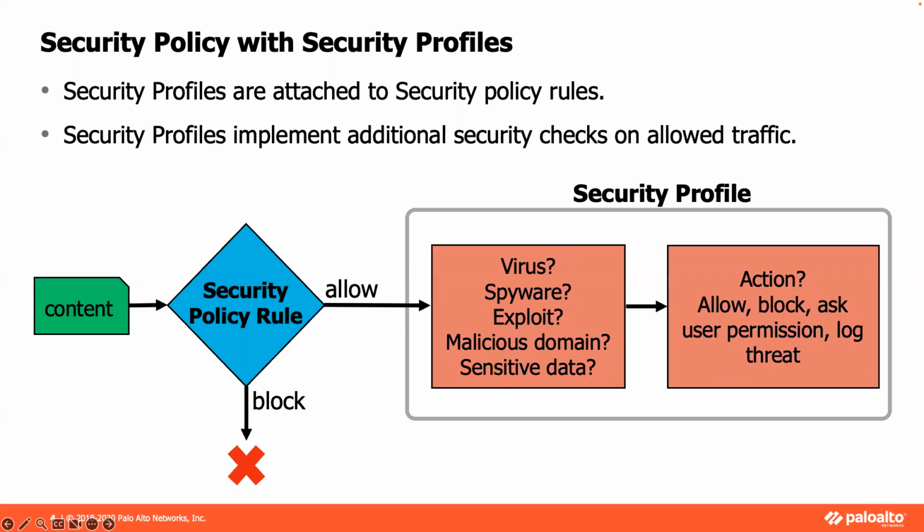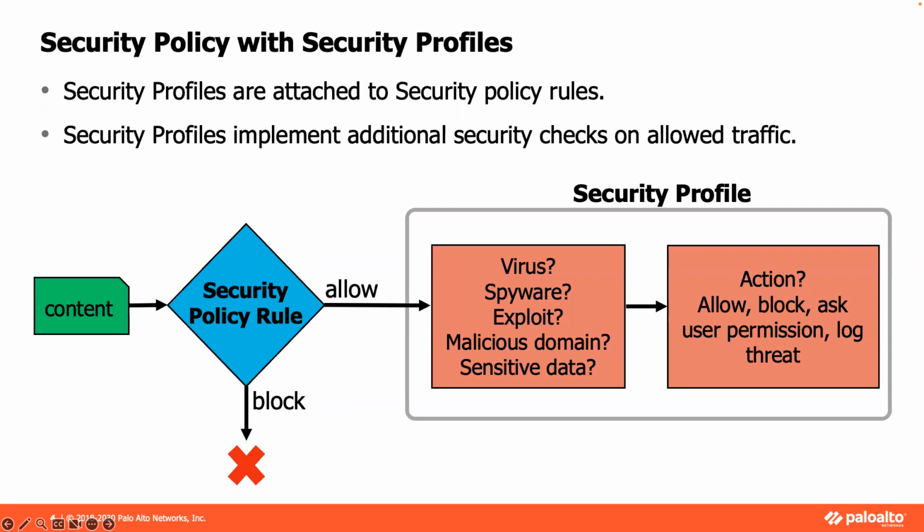So we have security profiles that allow you to be able to allow certain traffic. The default on Prisma Access is everything's denied unless you explicitly allow it. So when you allow traffic, you have the ability to add a security profile.